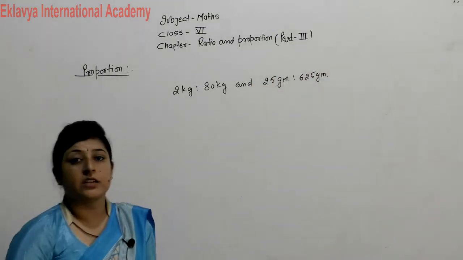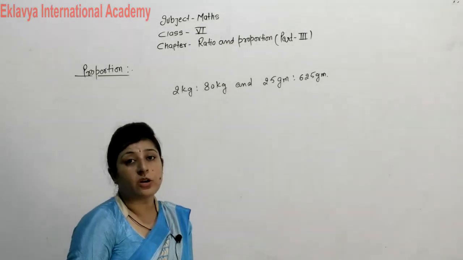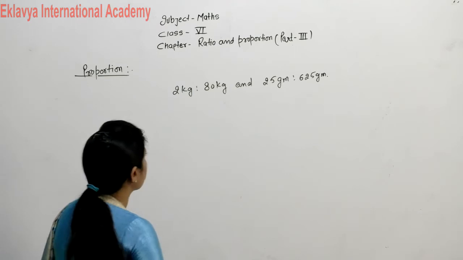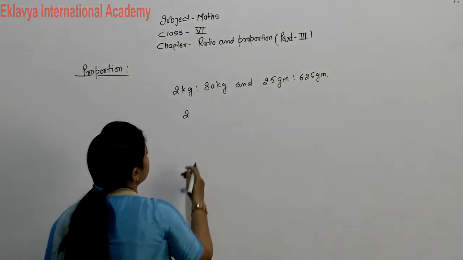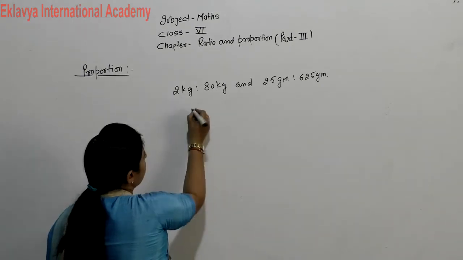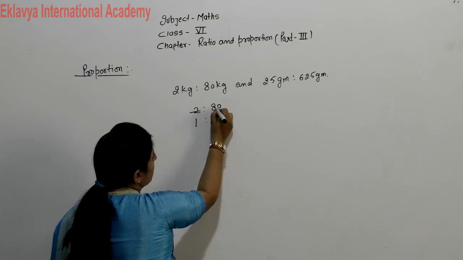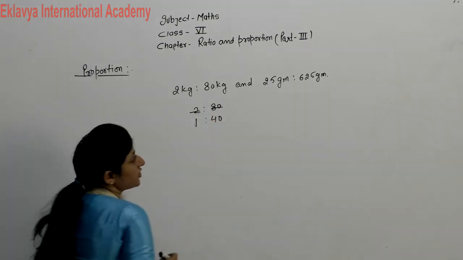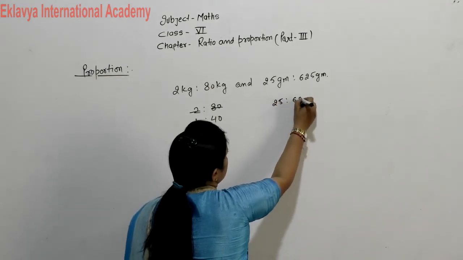Same thing, determine whether the given terms are in proportion or not. How to determine? 2 kg ratio 1 kg, 80 kg. So you can find one more method, 2 ratio 80. 2 ones are 2, 1 ratio 40. 25 ratio 625.